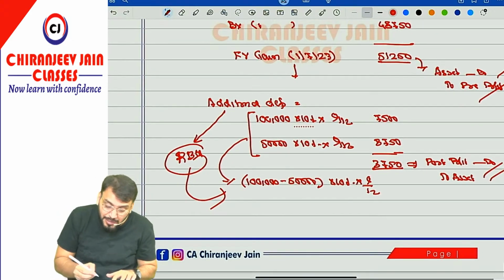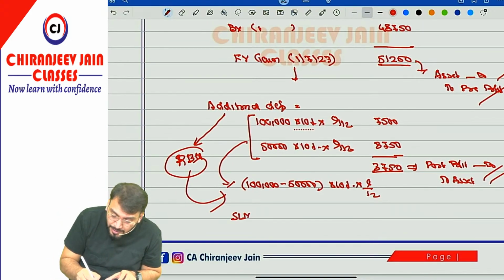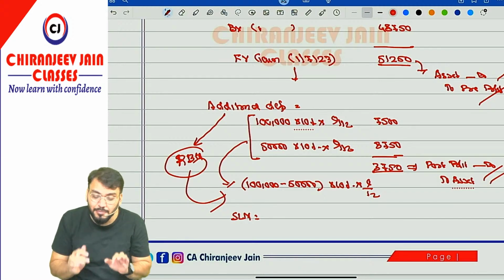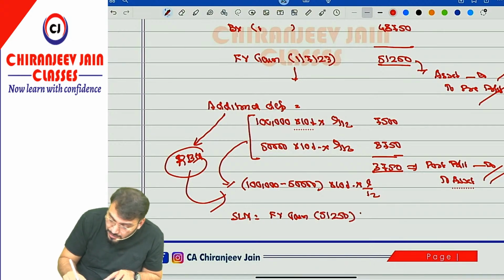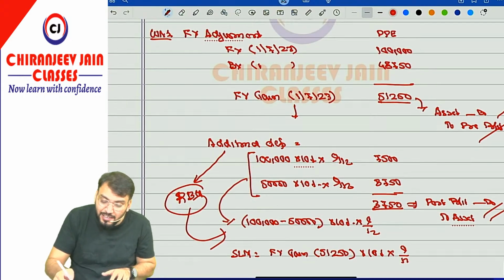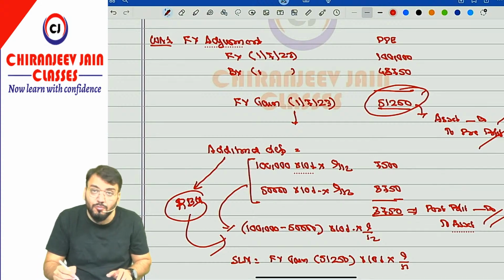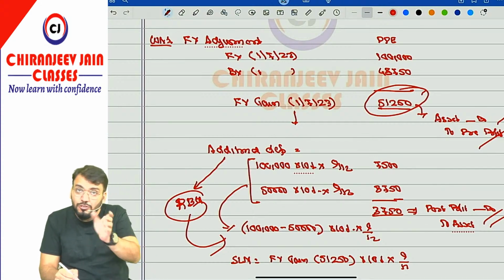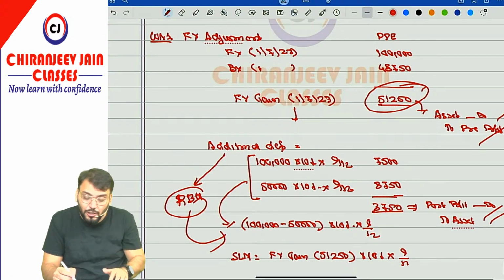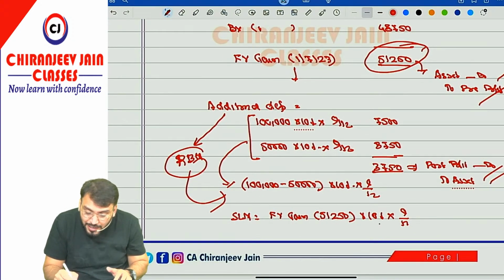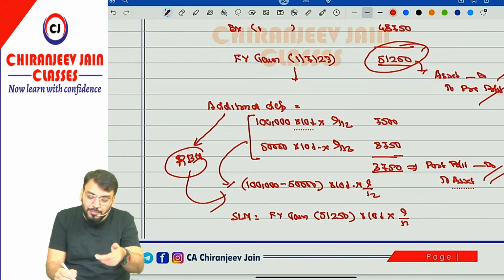Got this point? But if it is SLM, if suppose rate of depreciation is SLM, then what will we do? Whatever fair value gain has been calculated, in our question it was 51,250, into 10% into 9 by 12. Means directly depreciation will be calculated on the increased amount, because SLM, so fair value gain into 10% into 9 by 12.